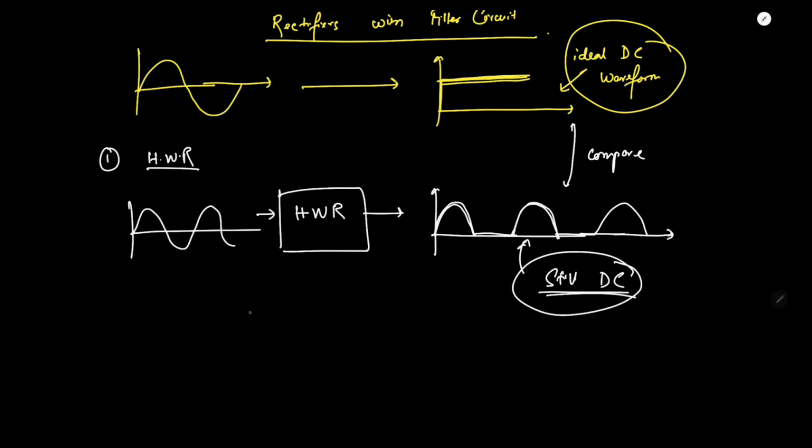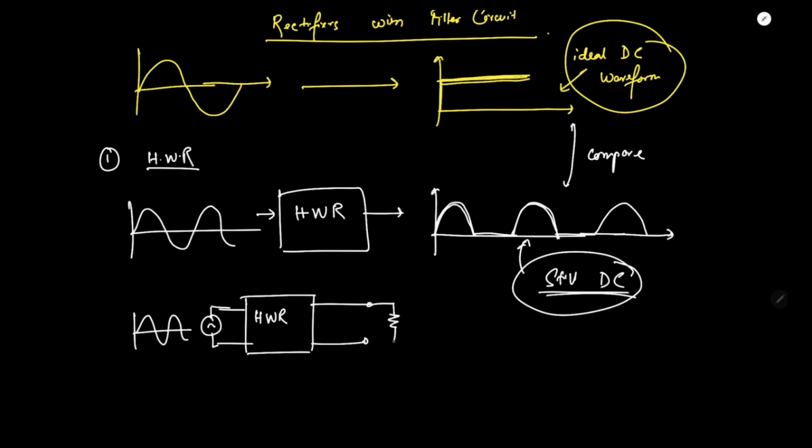So I'm not drawing the half wave rectifier circuit here. Suppose this is the input and suppose this is the output. At the output we are connecting this load R. How does this half wave rectifier basically look? Here a diode will be connected.